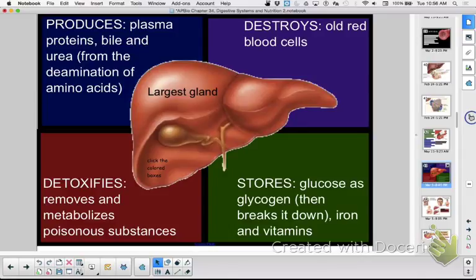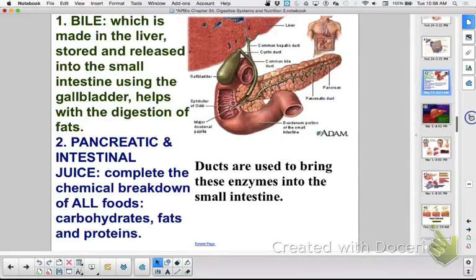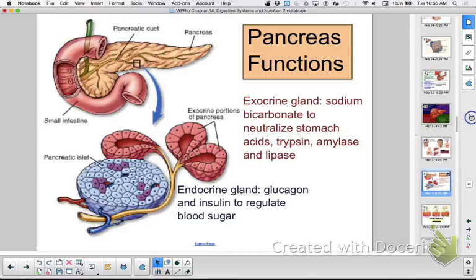Your pancreas, really critical organ for homeostasis. Your pancreas is a playa, okay? It is both an exocrine gland and an endocrine gland. As an endocrine gland, that's one of our have-to-knows, so you can just learn it right now, and it's in your notes.